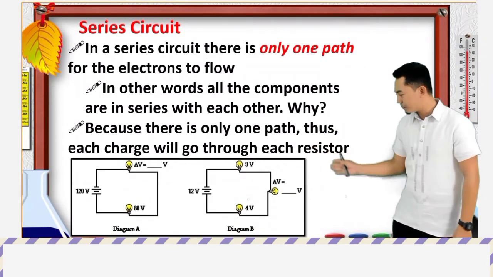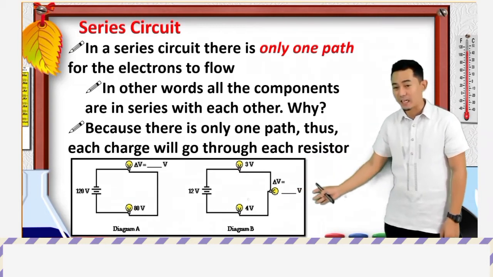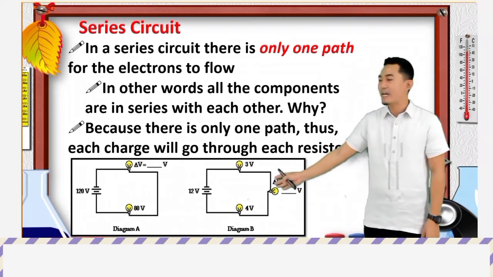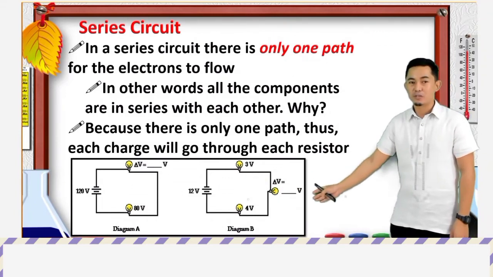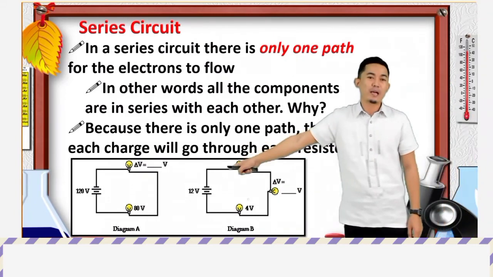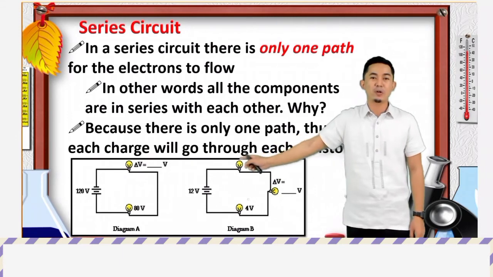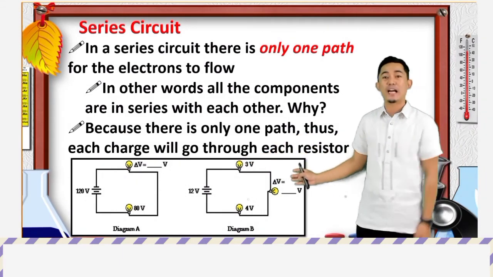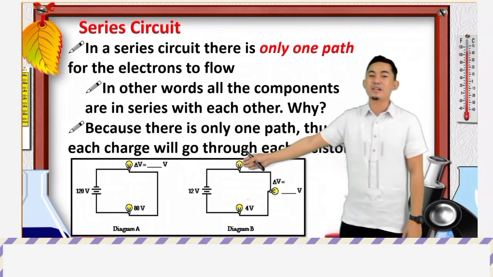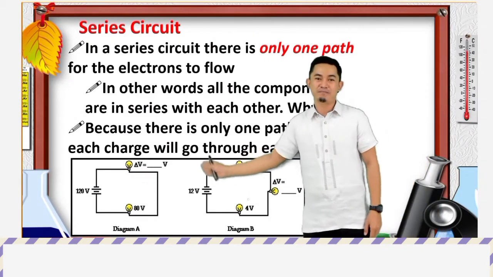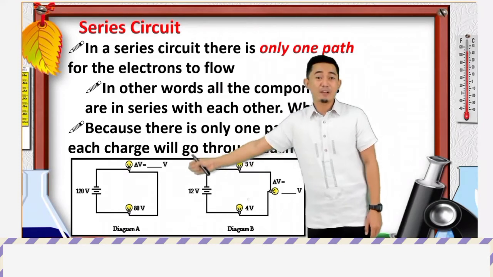As you notice in this diagram, class, we have the 120 volts and we also have the 12 volts. As you notice at the end, we have the 120 volts. So, in order to get the total of 120 volts in series, what should be the missing number for this term? It should be, how many?